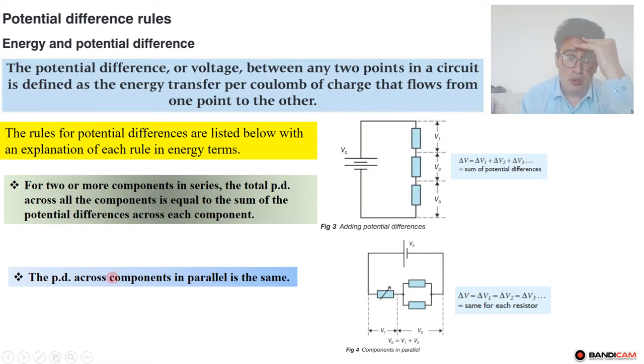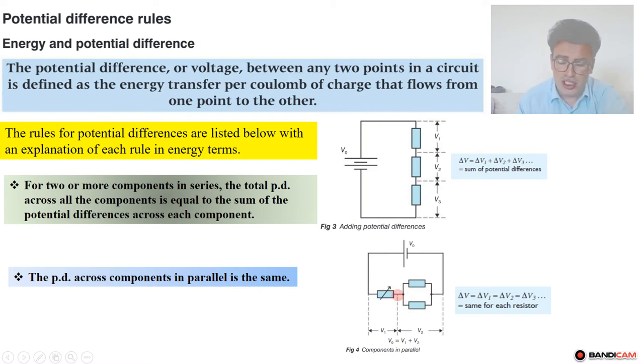But the potential difference across components in parallel is the same. Here we have the same circuit, but connected in parallel. Here we have three components, the variable resistor and the resistors, connected with each other in parallel, I'm sorry.